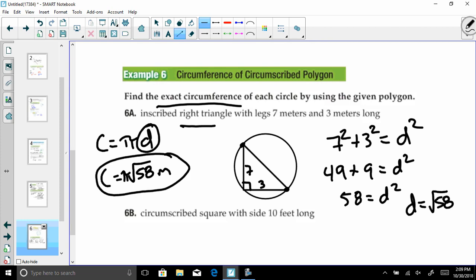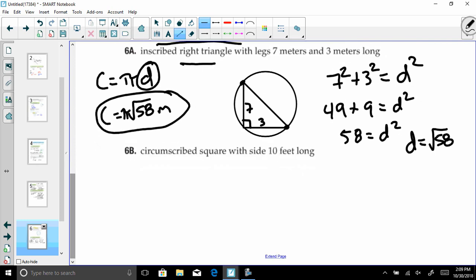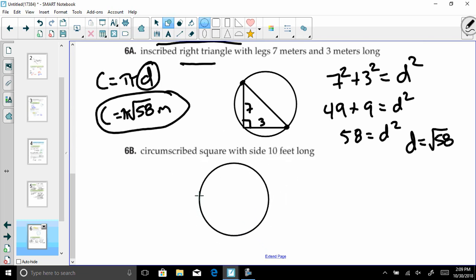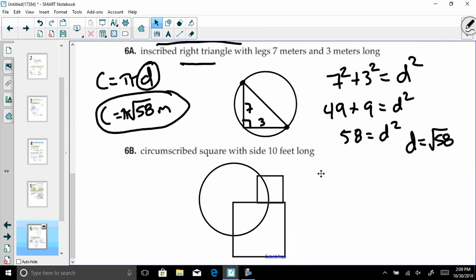Okay, this next example, we have a circle, and I'm going to go ahead and make a circle. Yikes. Okay, let me get rid of this and try again. Actually, I'm just going to draw.